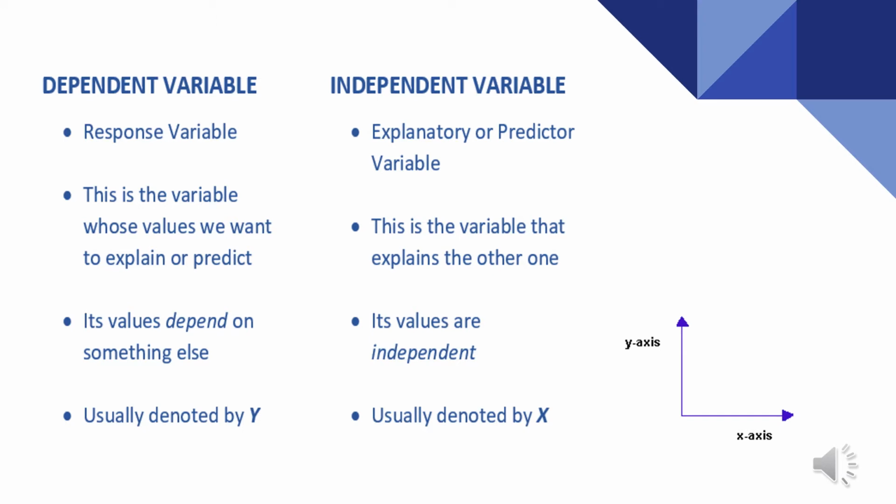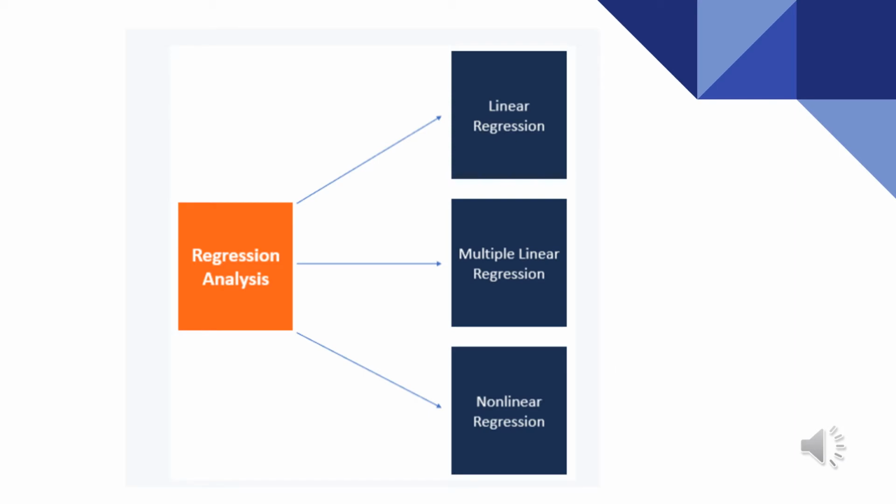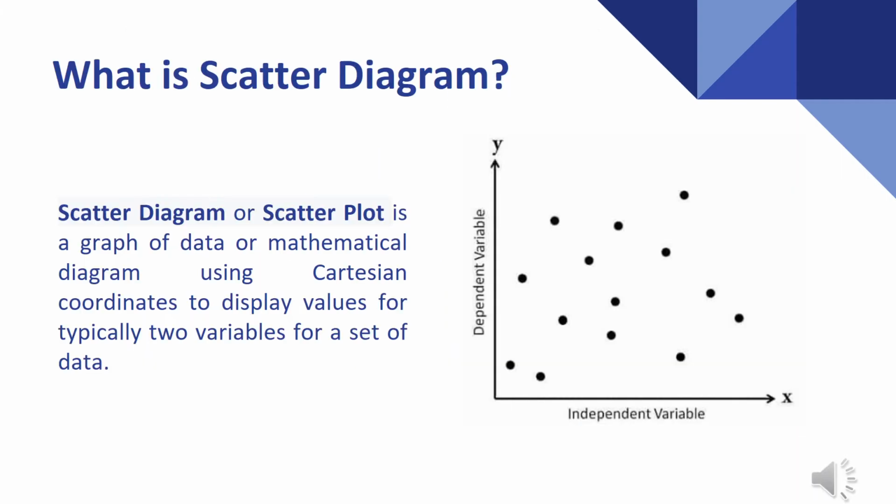So in a typical graph, dependent variables are represented by the y-axis or the vertical axis, while the independent variable is represented by the x-axis or the horizontal axis. There are three types of regression analysis. We have the linear regression, the multiple linear regression, and the nonlinear regression. However, in this discussion, we will only deal with the simple linear regression.